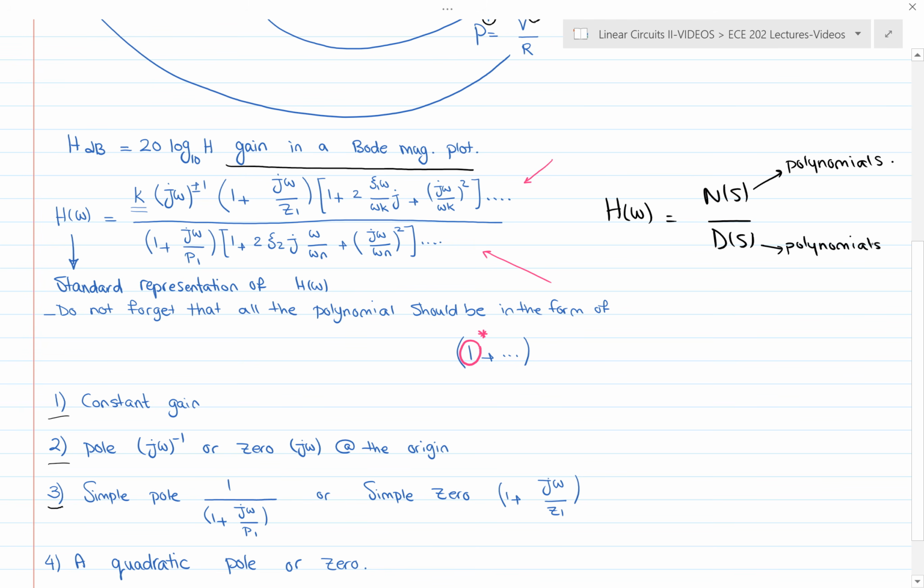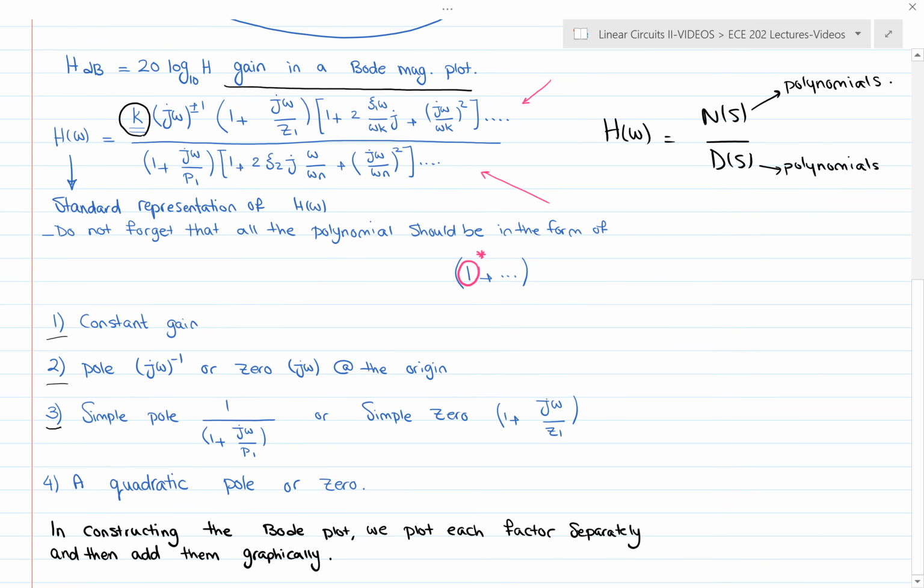As you can see, I have a constant gain of k. I have j omega to the power of positive and negative 1. This positive and negative 1 means that it can be in the numerator or in the denominator. And then some other polynomials that have higher orders of omega. So this was the standard representation of H of omega.